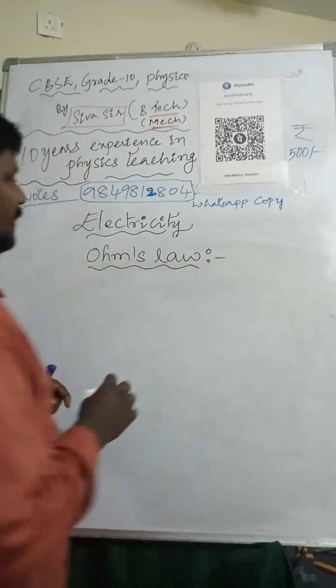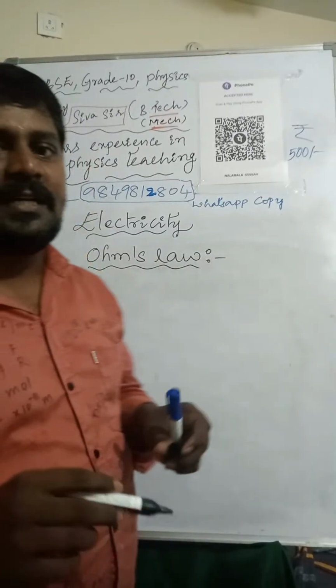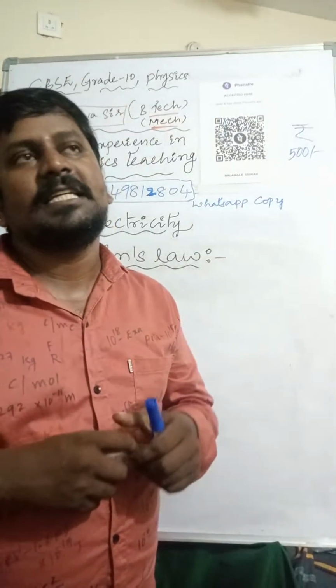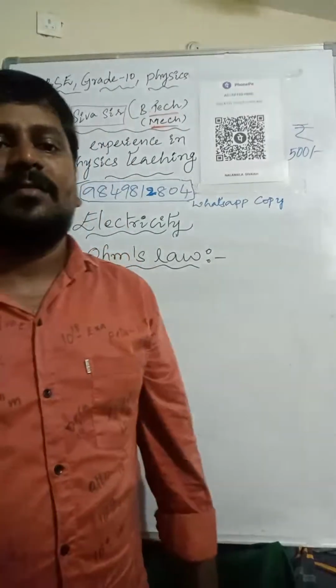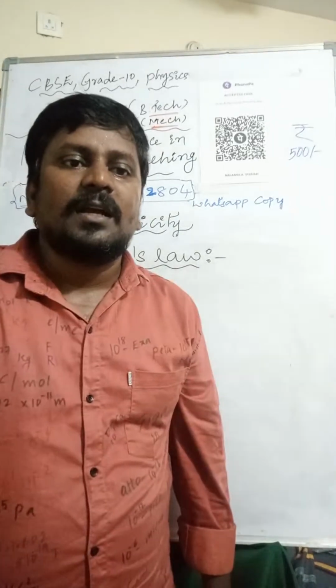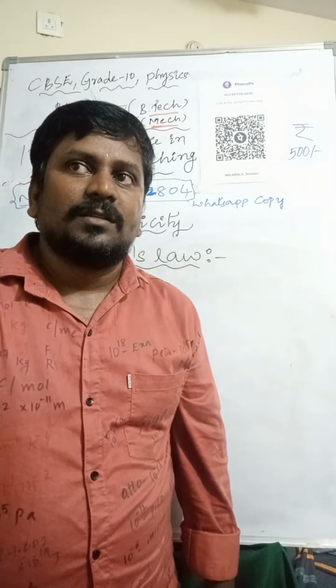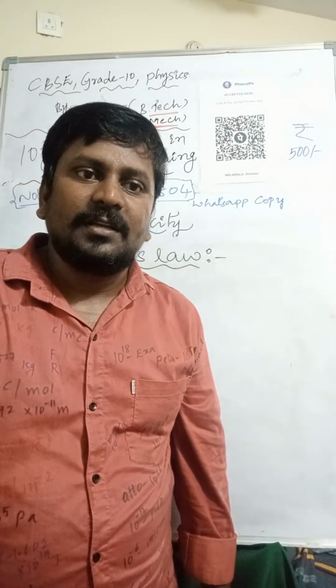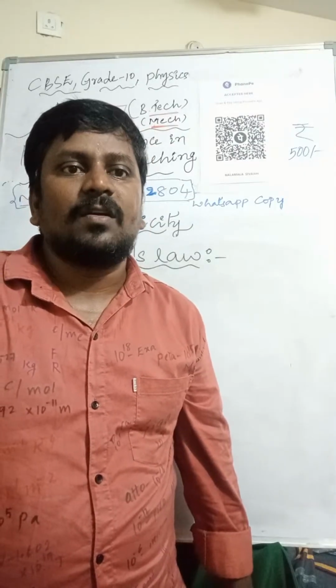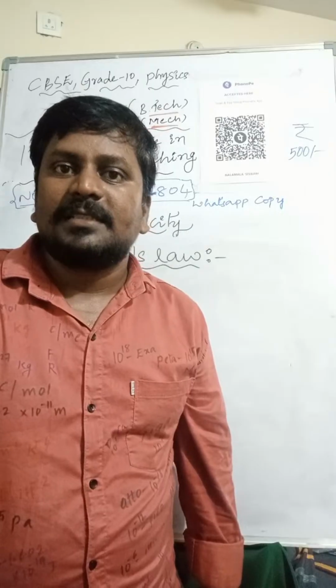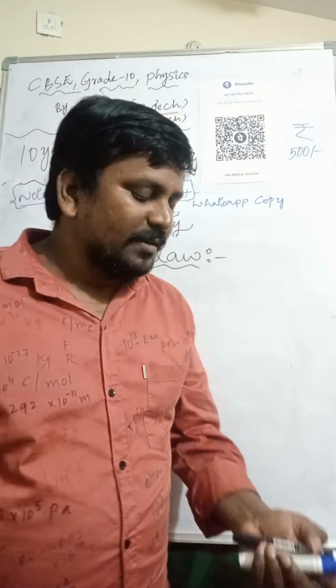Ohm's law is nothing but, at a constant temperature, the potential difference across a metallic conductor is directly proportional to the current flowing through it.